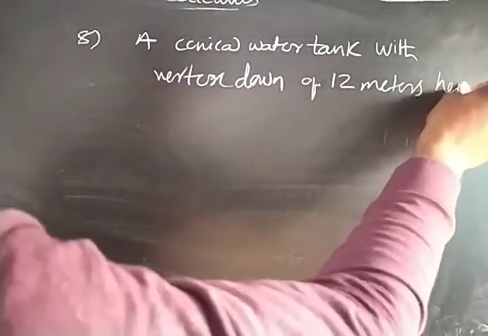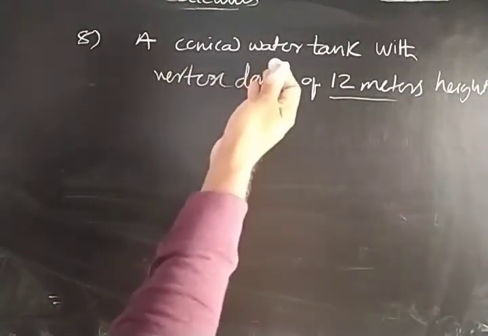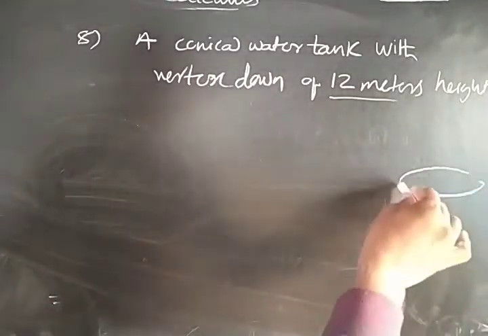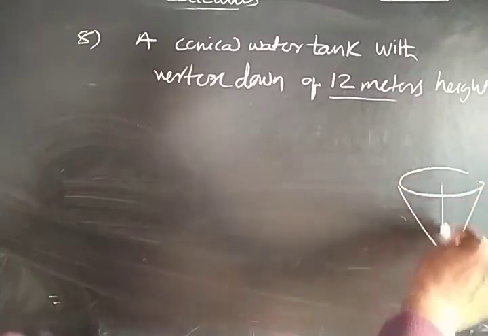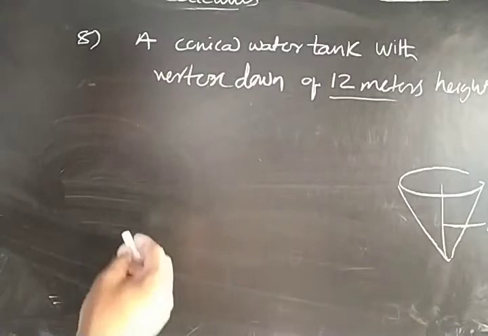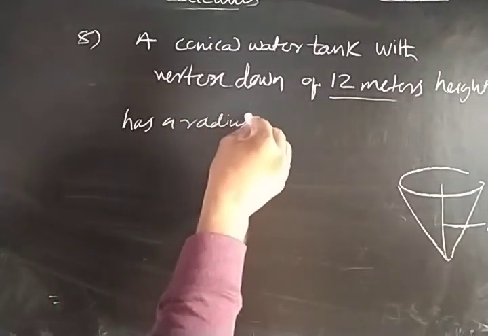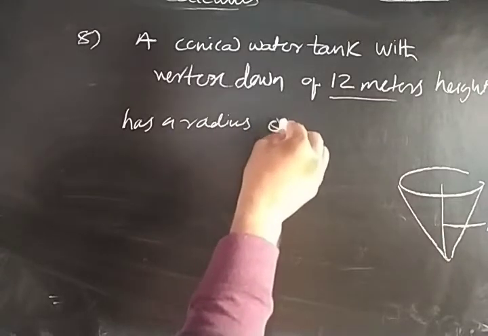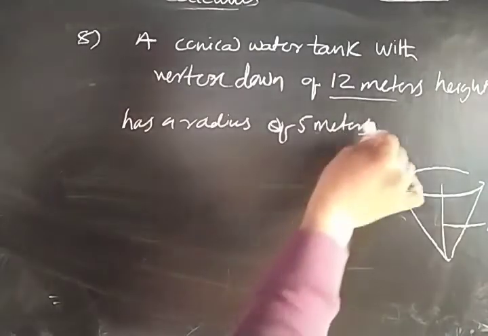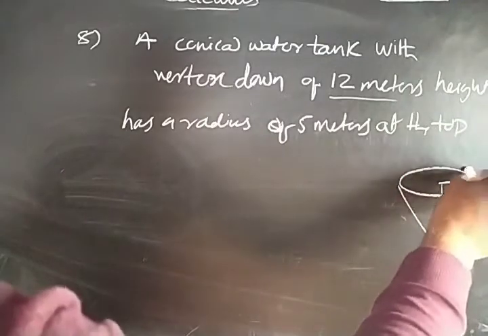The height of the cone is given as 12 meters, right? And the conical water tank has its vertex down, so the shape of the conical water tank will be like this, and its height is given, this is 12 meters. Okay. It has a radius of 5 meters at the top. So we have given radius here 5 meters.